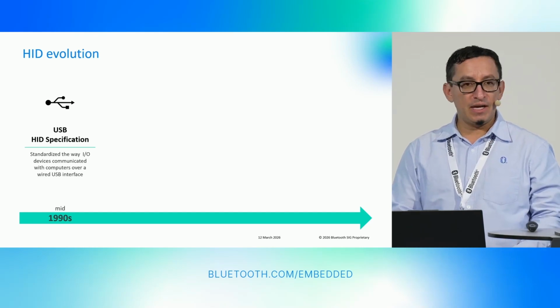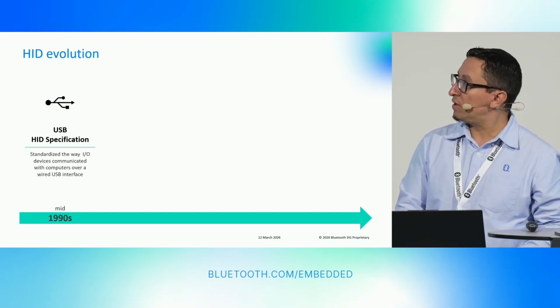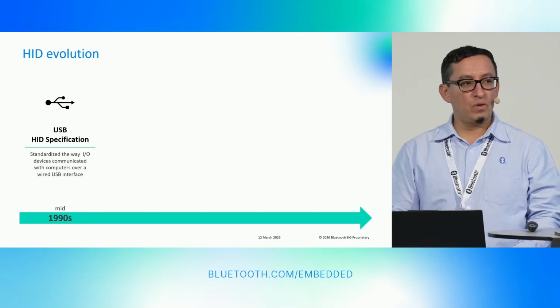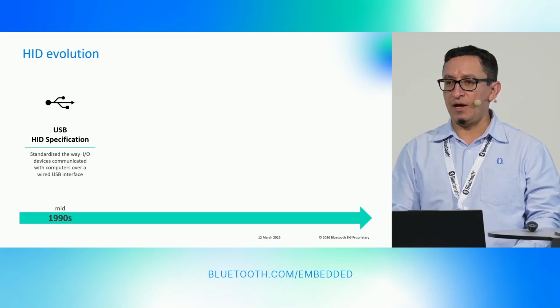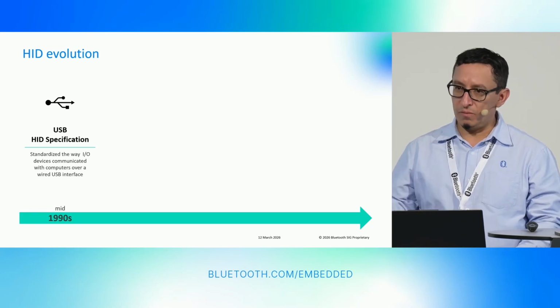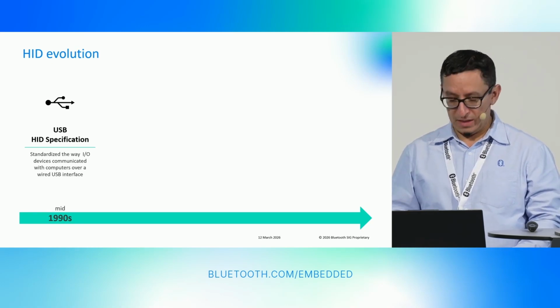So for anyone in the audience new to human interface devices, let me just provide some context in this slide and the next one. HID has gradually evolved over the last 30 years, approximately. It began in the mid-1990s with the USB HID specification, which standardized the way I/O devices communicated with computers over a wired USB interface.